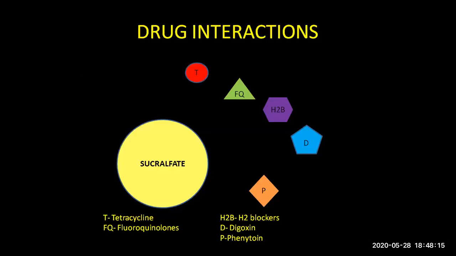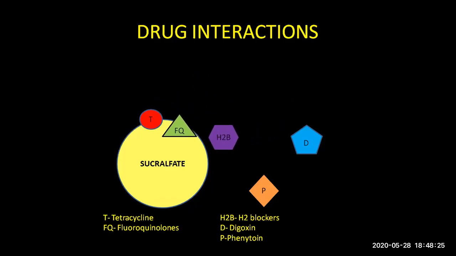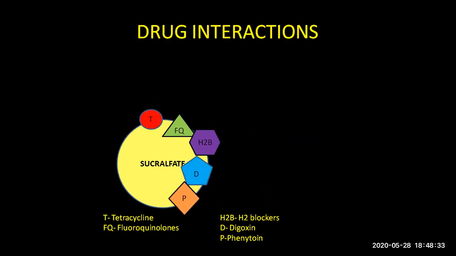Like antacids, sucralfate also has drug interactions. Sucralfate can bind to tetracyclines and fluoroquinolones, which are antibiotics. It can also bind to H2 blockers, which are also used in peptic ulcer, and it can bind to digoxin and phenytoin.